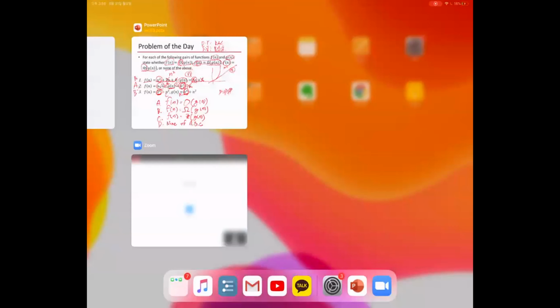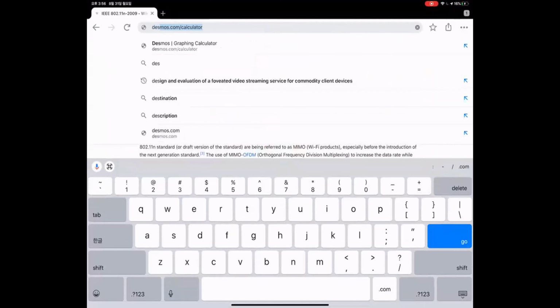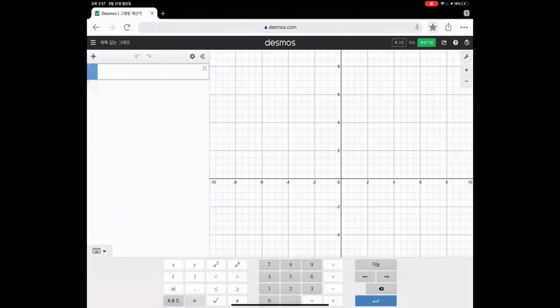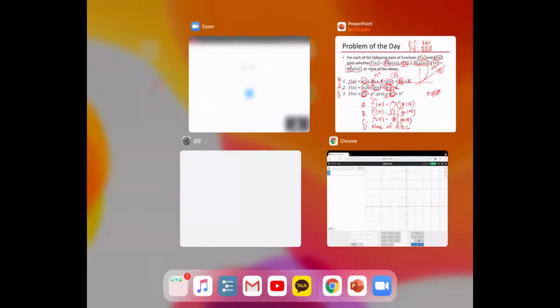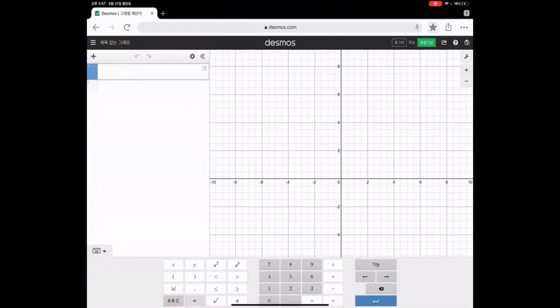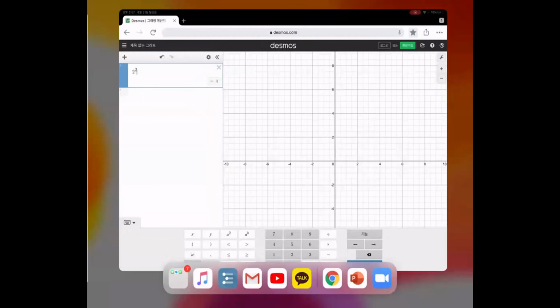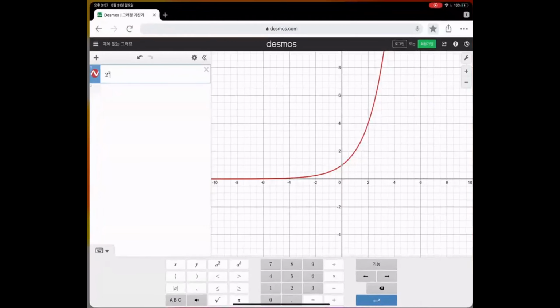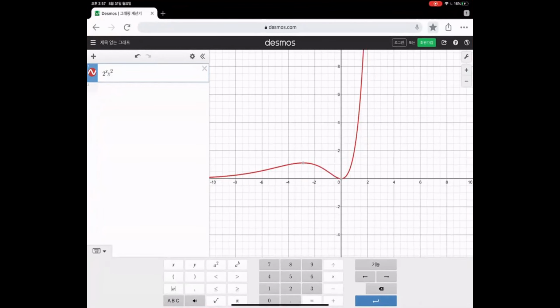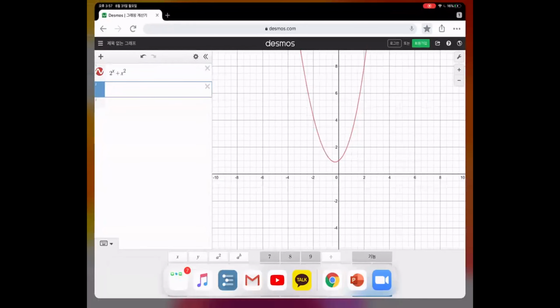Desmos calculator. The problem with 2 to the power n plus n squared, and the second one is n quad plus n squared.